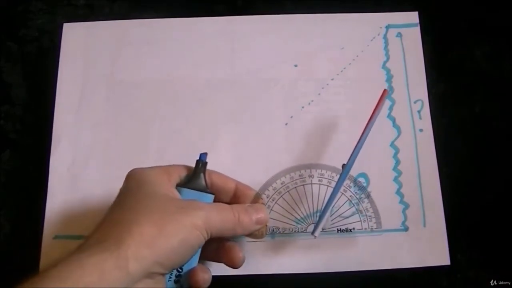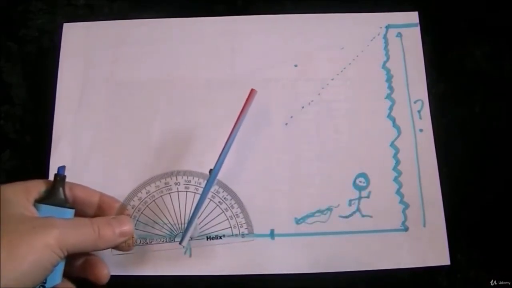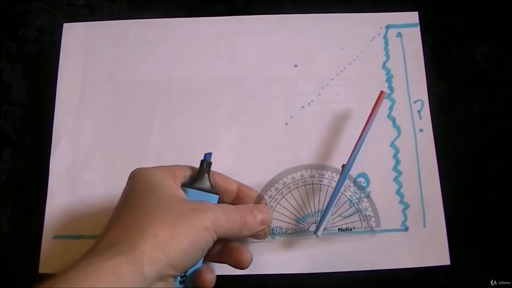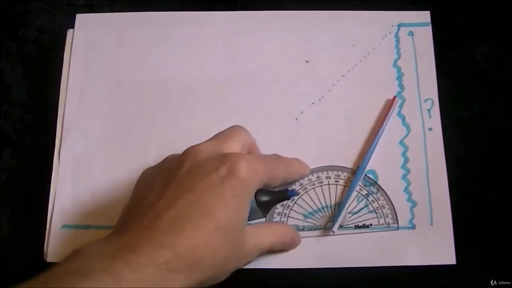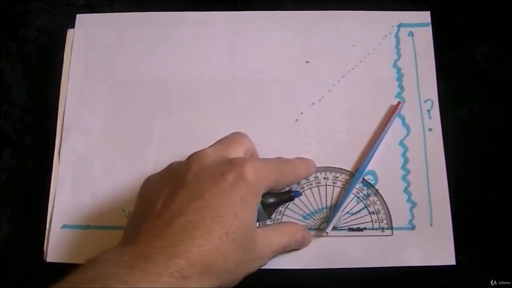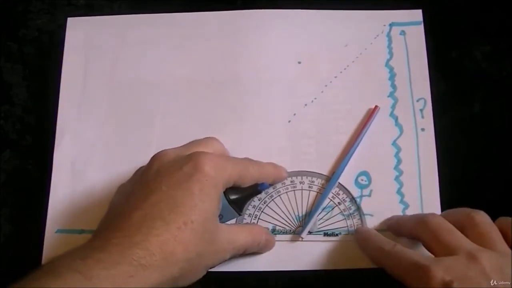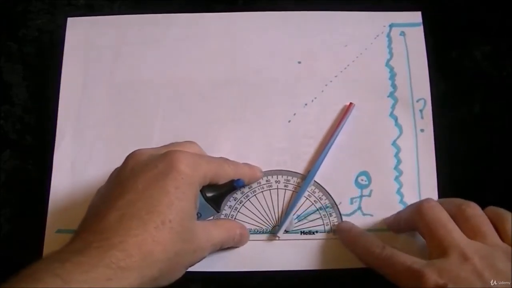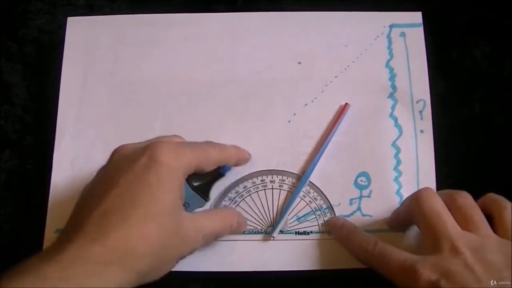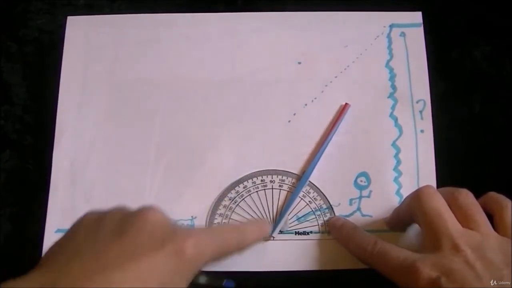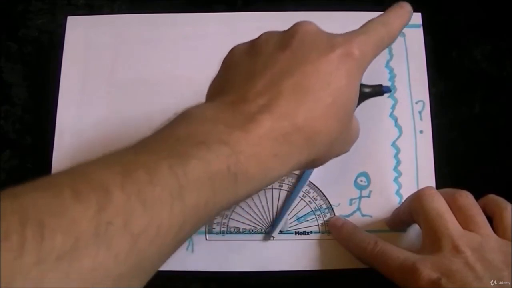So instead of being way back here, you can go closer to the mountain, and you can keep moving back and back and back and keep doing that until eventually, when you look through the bottom here, the bottom there is going to line up with the top there.